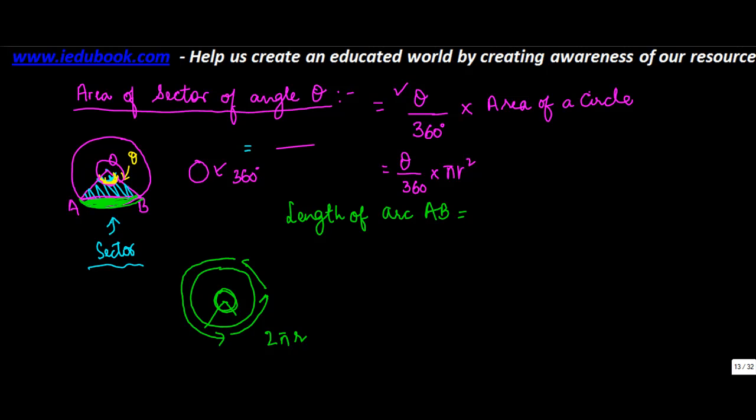So if suppose you are forming a sector with the angle of theta again, then you have to apportion this 2 pi r also. So the length of the arc, which is this portion, is nothing but theta upon 360 degree into 2 pi r, which is nothing but the circumference.